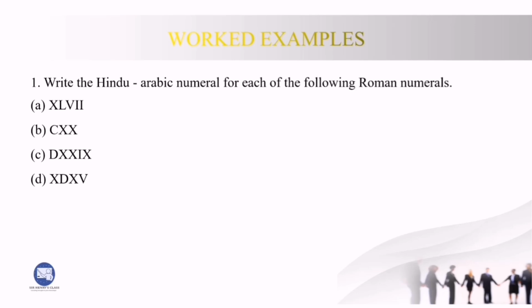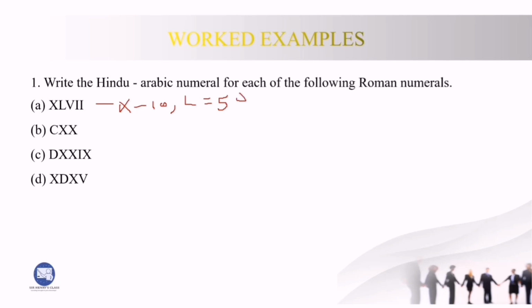So we start with the first one. Now the first thing is that you write what each of the Roman numerals represent. So X represents 10. Make sure you write that X represents 10. Then L represents 50. I believe you remember that. And go back to the table, it is there.